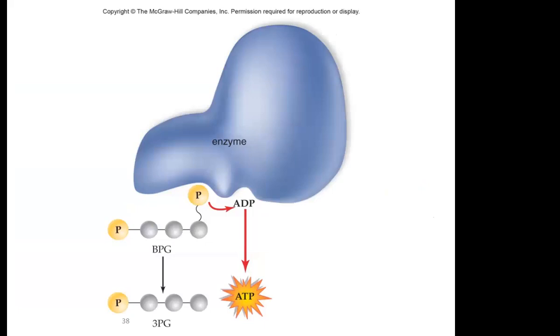Is that what that's saying? Do you remember the order of products in the Calvin cycle? 3PG led to BPG, right? So we're undoing what we did in photosynthesis, right? And then eventually we made G3P.